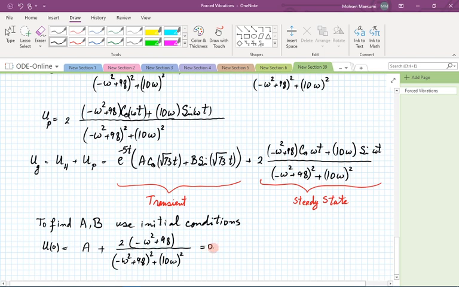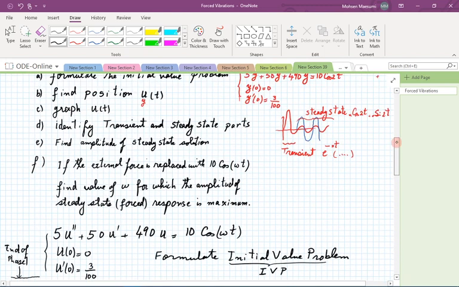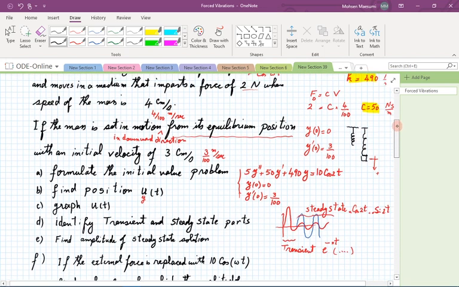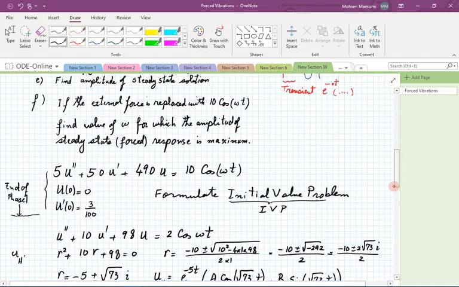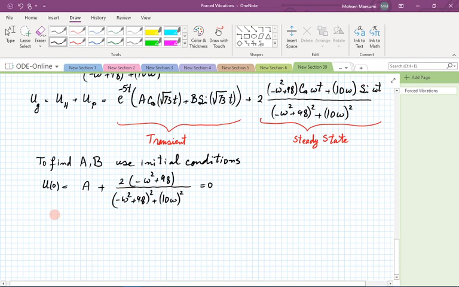We kicked it from the equilibrium position where u of 0 was 0. You remember? u of 0 was 0, and u prime of 0 was some number. From the initial equilibrium position, we just kick this thing down. So I use 0, 0. And next is u prime of 0.